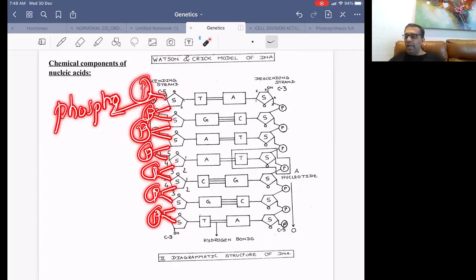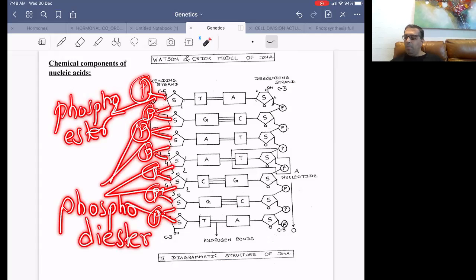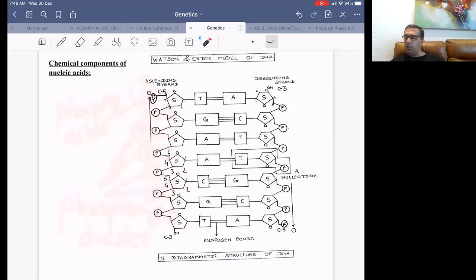Everywhere else it was phosphodiester. This phosphate is not attached to a third carbon because this is the uppermost nucleotide.